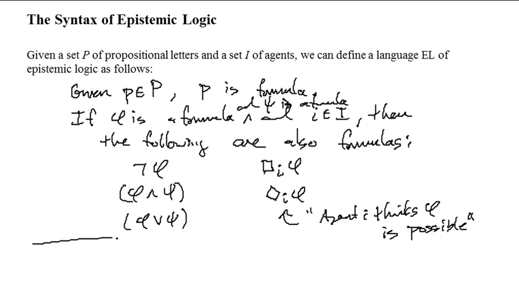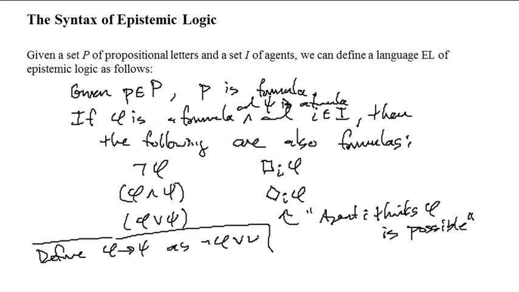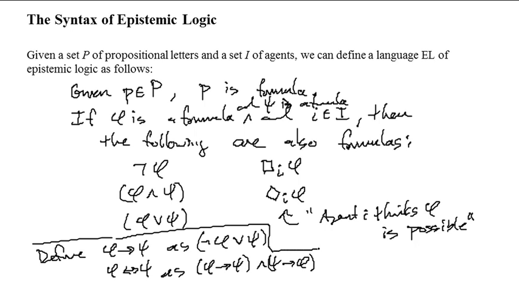So just to reiterate what I said a moment ago, notice we can define phi implies psi as not phi or psi, and we can define phi is equivalent to psi in two steps here: first it's phi implies psi and psi implies phi, and then we could further express that in terms of the negation and the or connective if we wanted to.